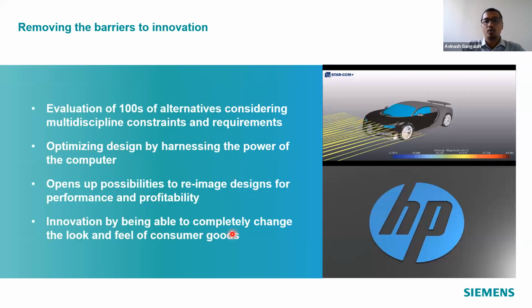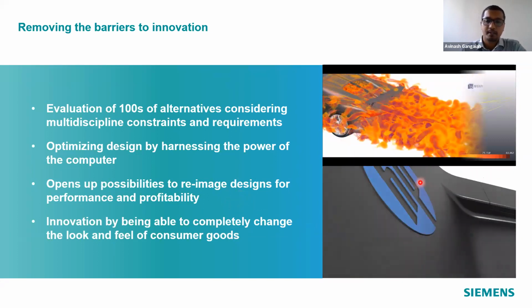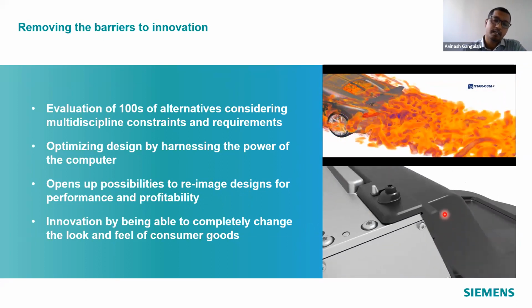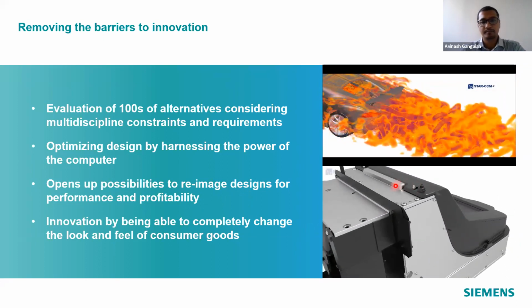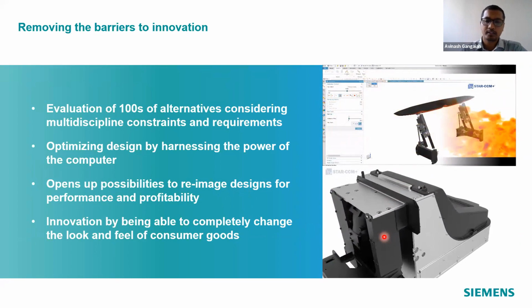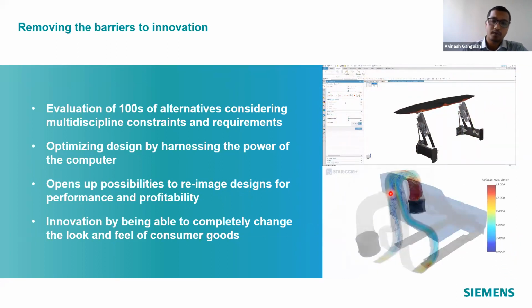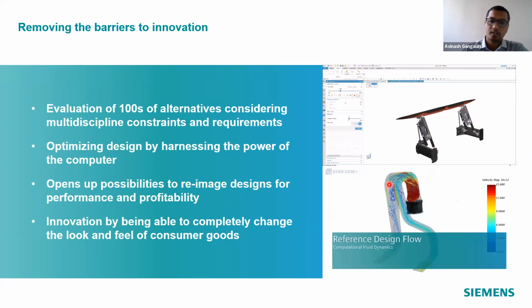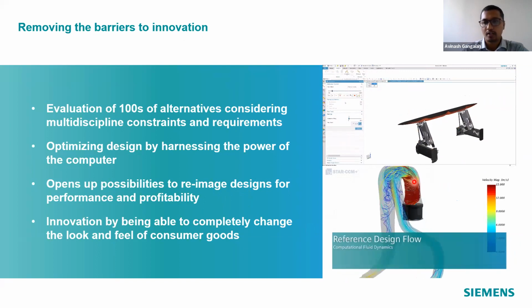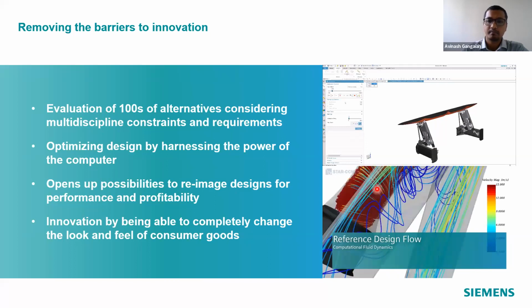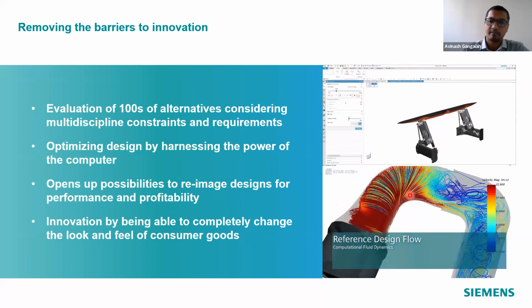So that's the goal that we're talking about, in terms of how you can run multiple iterations here. Let's say, for example, you're looking at an example of the printer here, right? All we're doing is leveraging the power of the computer here. Based on the regular design, you can see maximum load, stresses, everything is here.